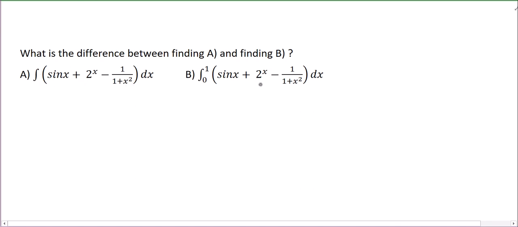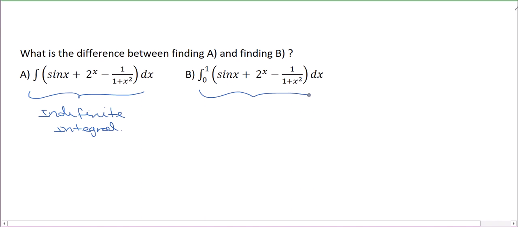And I have this integral. So a is called an indefinite integral. And what is this asking you for? And versus this one is a definite integral. And what is that one asking you for?